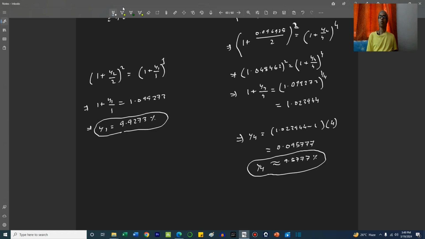So when the compounding is annual, the yield comes to be this 9.9273%. This is also called the effective annual rate.